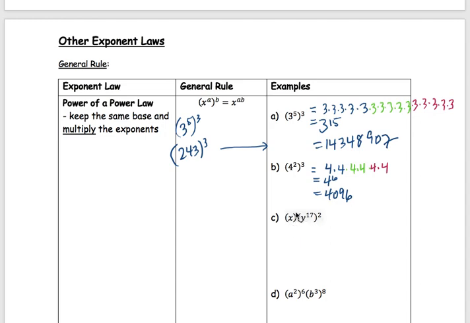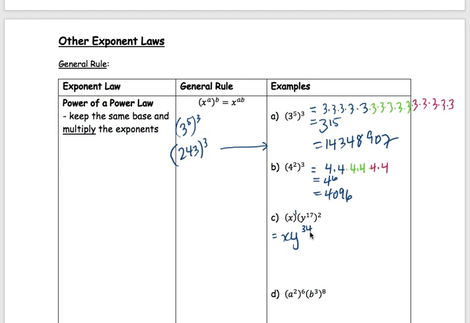If there's no exponent there, it's like there's an exponent 1 there, okay? So if we're going to evaluate this, we just have x. But now we're going to have to take care of the y here. This exponent 2 is beside the y to the 17.